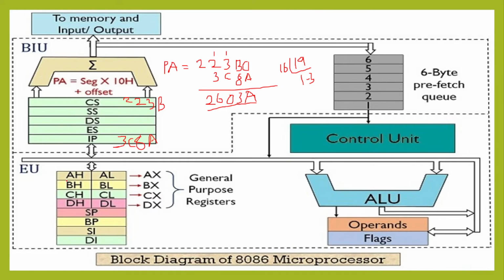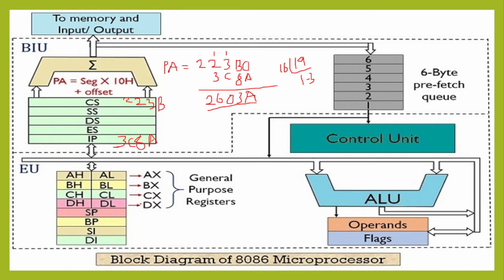So whenever we are performing 8-bit arithmetic and logic operations, we will use the names of the registers AL, AH, BL, BH, CL, CH, and DL, DH. General purpose means we use the registers to hold data temporarily and to perform ALU operations.